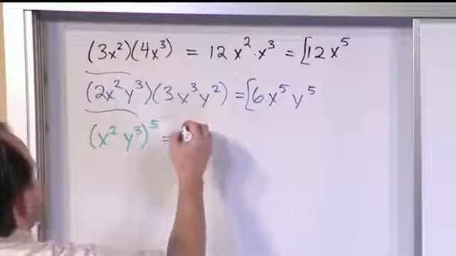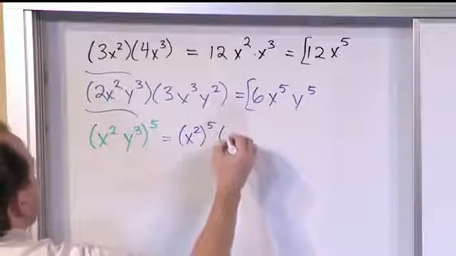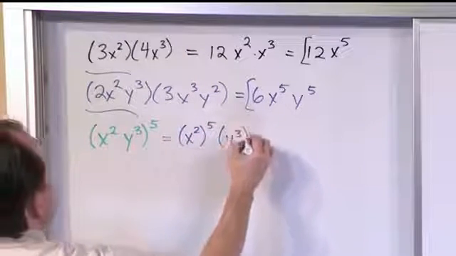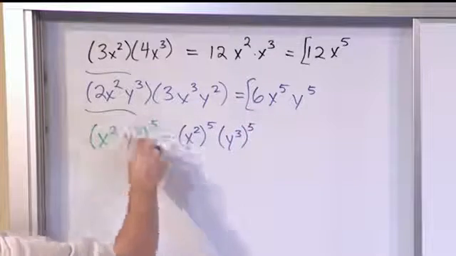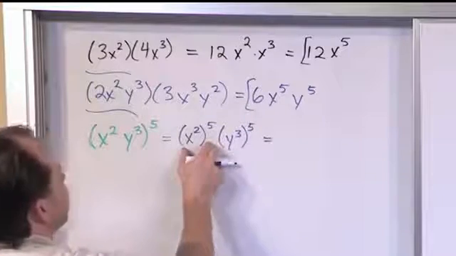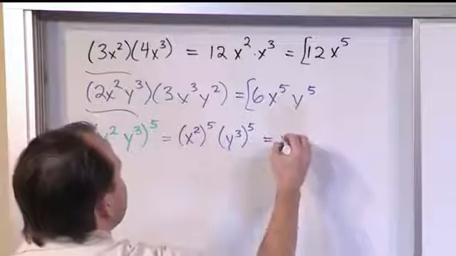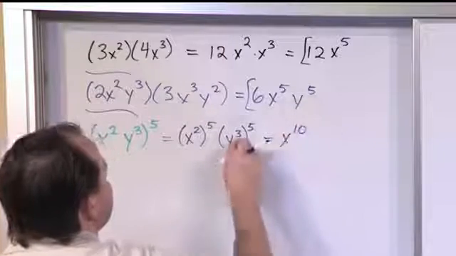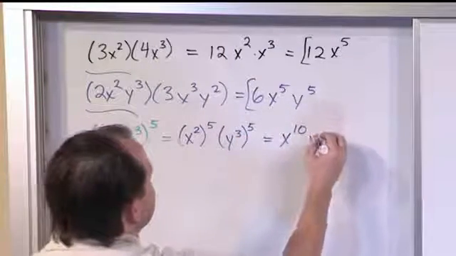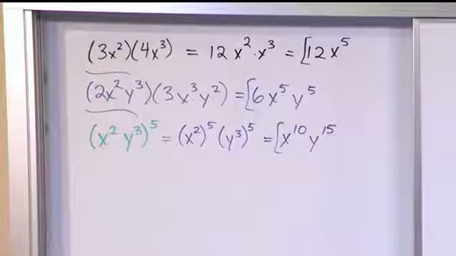So we have x squared raised to the 5th power times y cubed, also raised to the 5th power, because it applies to each one. Now that we have it written out like this, you can see that for the first one you have a power raised to a power, so you multiply the powers. 2 times 5 is 10. Here we have 3 times 5, so we get 15. So x to the 10th, y to the 15th. So really you're using things we've learned before in some of these review problems.